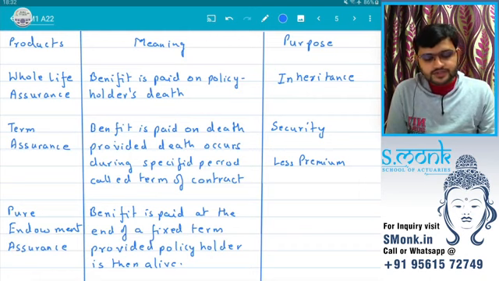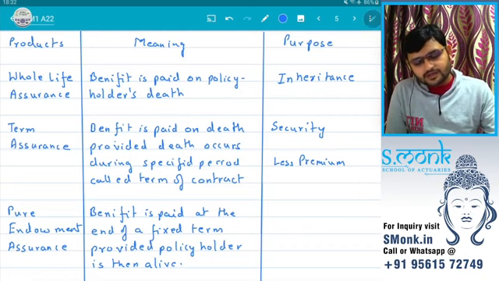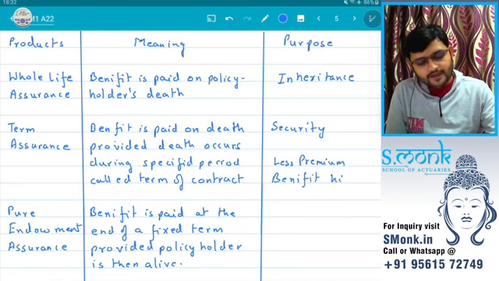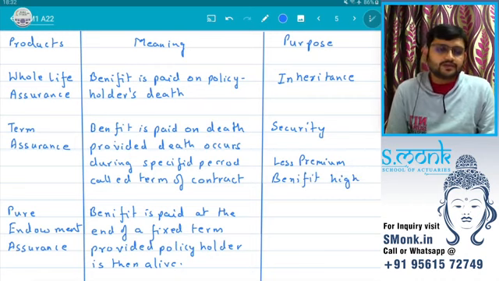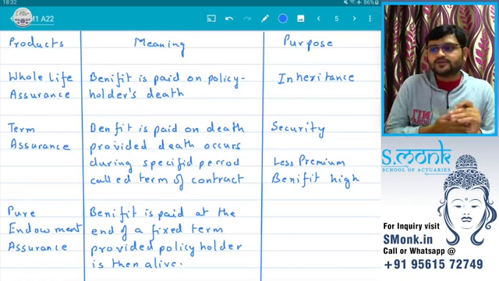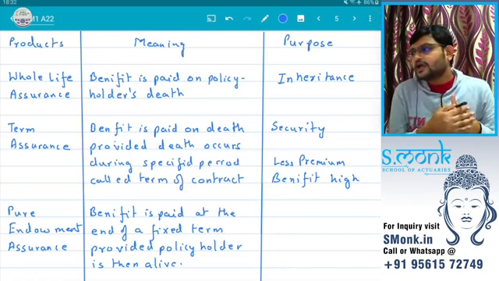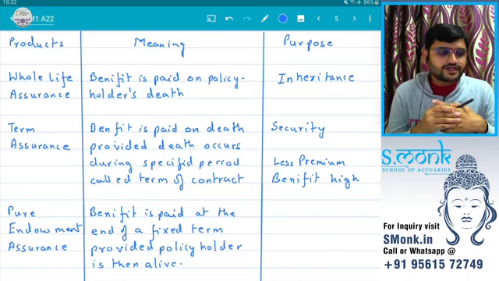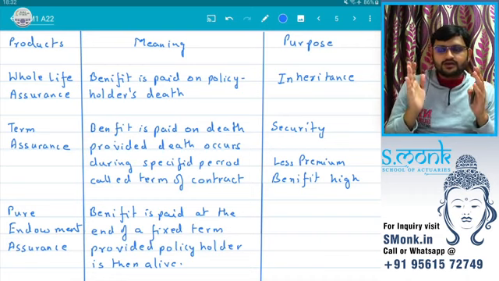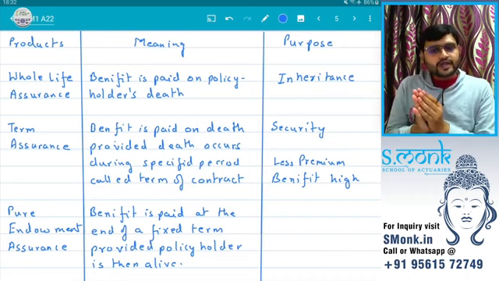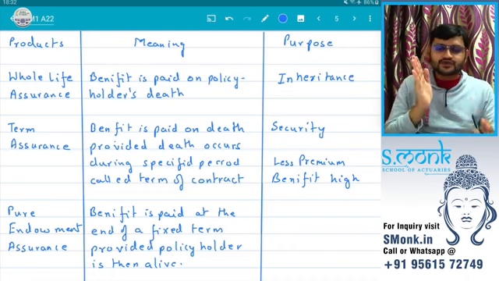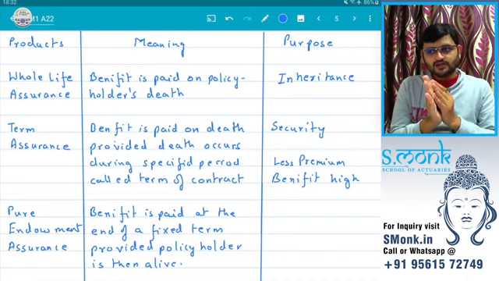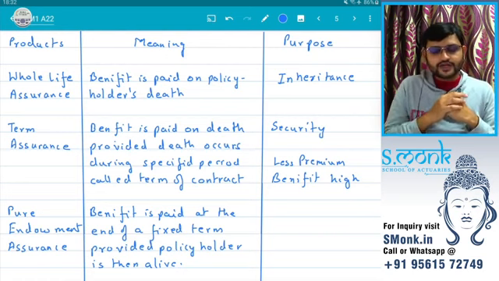So what happens is the benefit in this term assurance is high for a low premium. Now, why would benefit be high for a low premium? This is just basic mathematics when we calculate, because usually this term assurance is taken by people who are at a lower age. Let's say a person who is age 25 takes this policy for next 20 years.